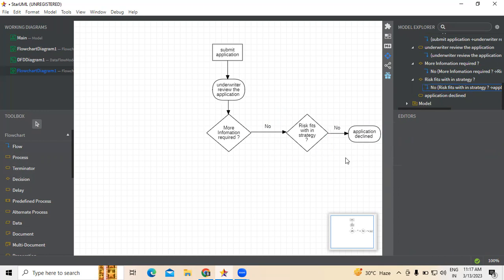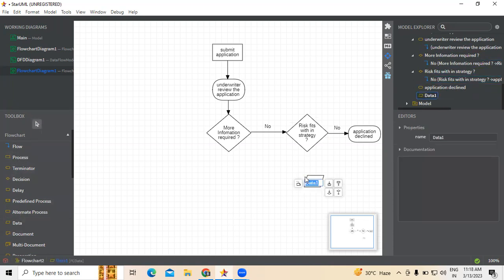Now, for example, if it is identified that the risk fits the strategy, we need to understand what exactly the information is that we require to follow. Here we need to apply underwriting tools, followed by the rate.